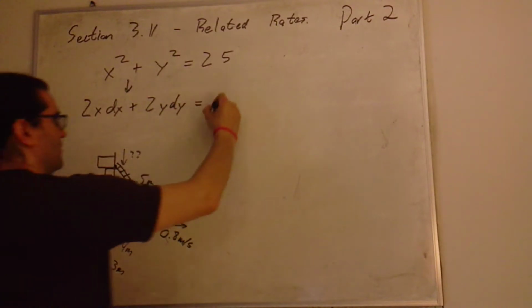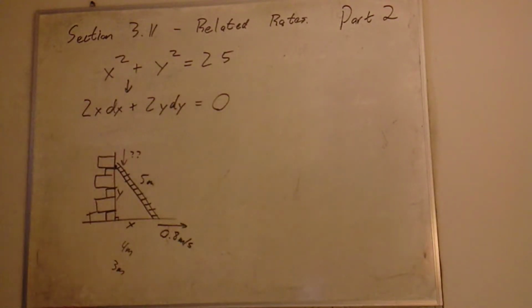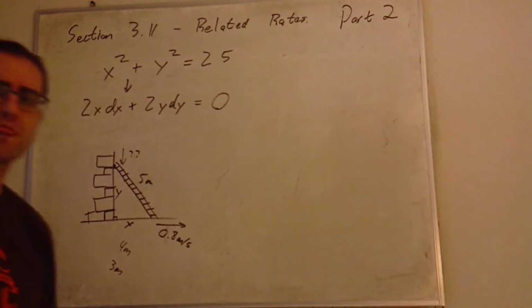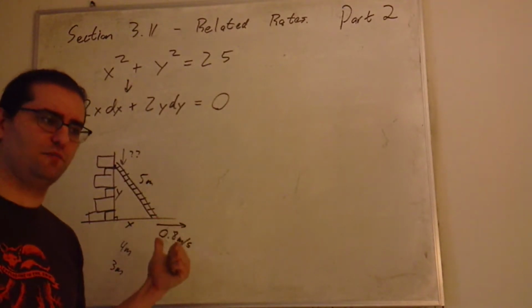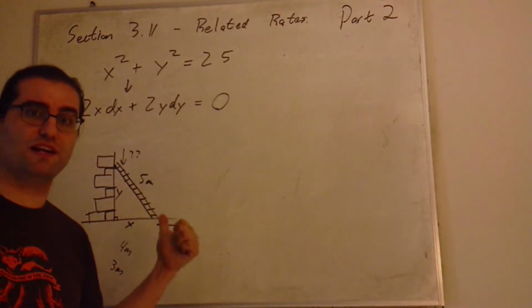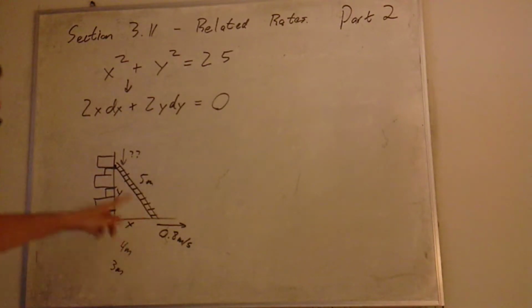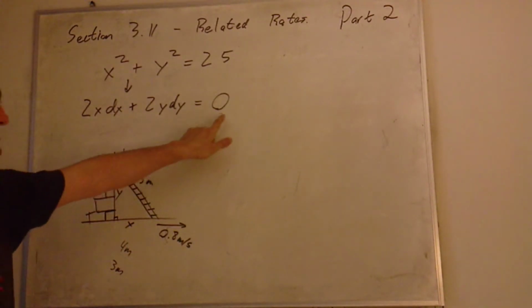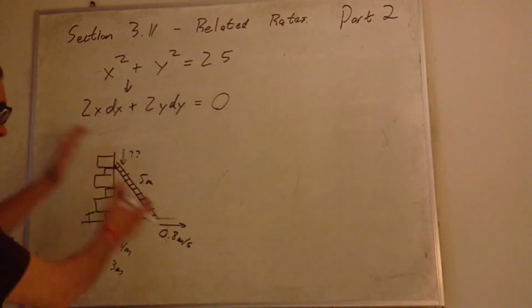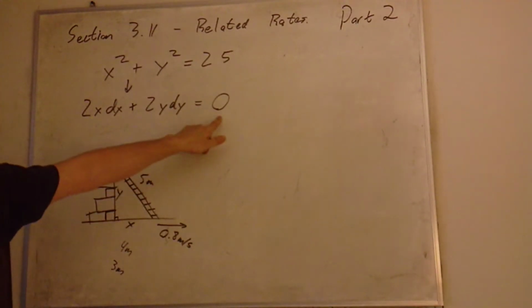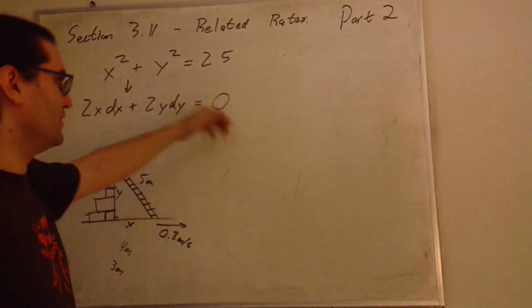The change in ladder length is nothing, so that's just a 0. When I said that drawing a picture helps you know what's changing and what isn't, that's what I meant. Usually there's some part of this that isn't changing, like the length of the ladder or something. That piece gets to stay 0 when you take the derivative.